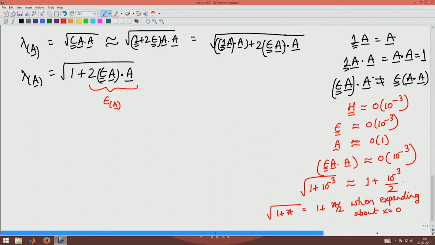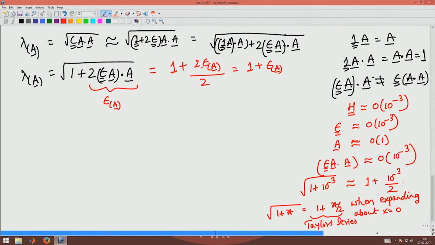Okay. That is the Taylor series expansion. So, I use that to write this as 1 plus 2 times epsilon of A divided by 2, which will be 1 plus epsilon of A.